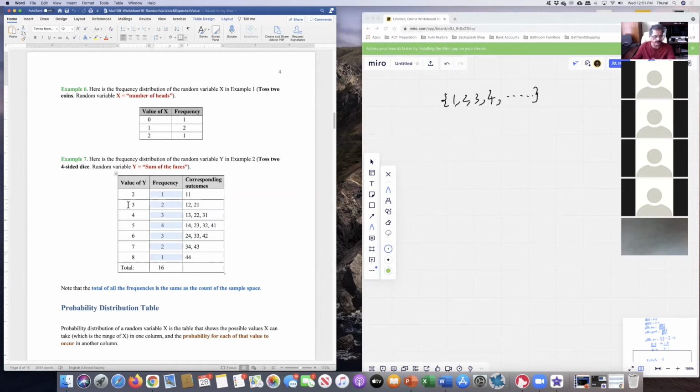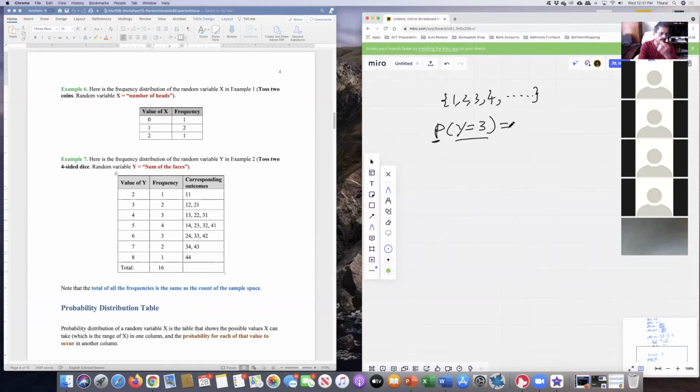I ask you to find the probability for the random variable y to get value 3. In statistics we write that as probability for y to be equal to 3, meaning the random variable y takes the value 3.